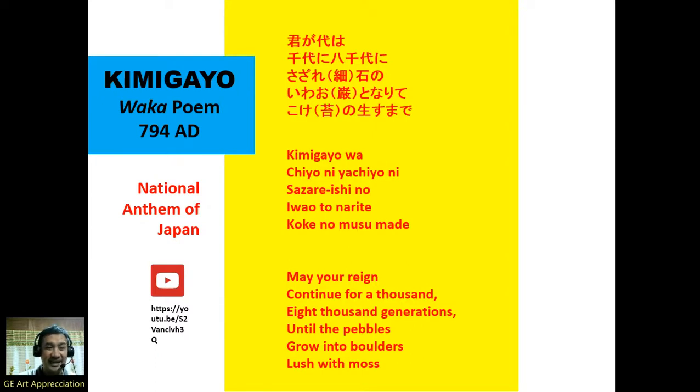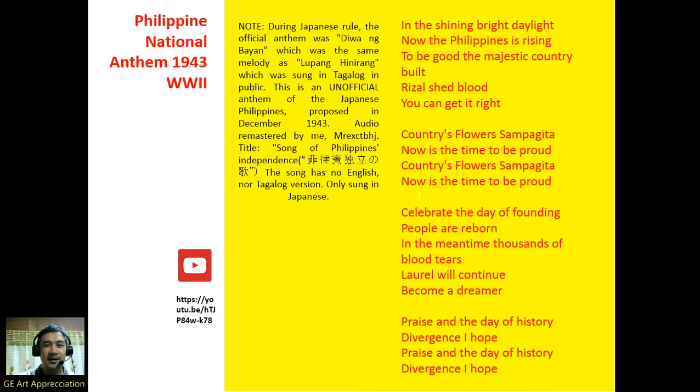Okay, very short. All right. So, this is the national anthem of Japan, which they took from a waka poem during 794 AD. So, you can watch it by yourself. That is also uploaded on your modules in the Google Classroom. Okay?